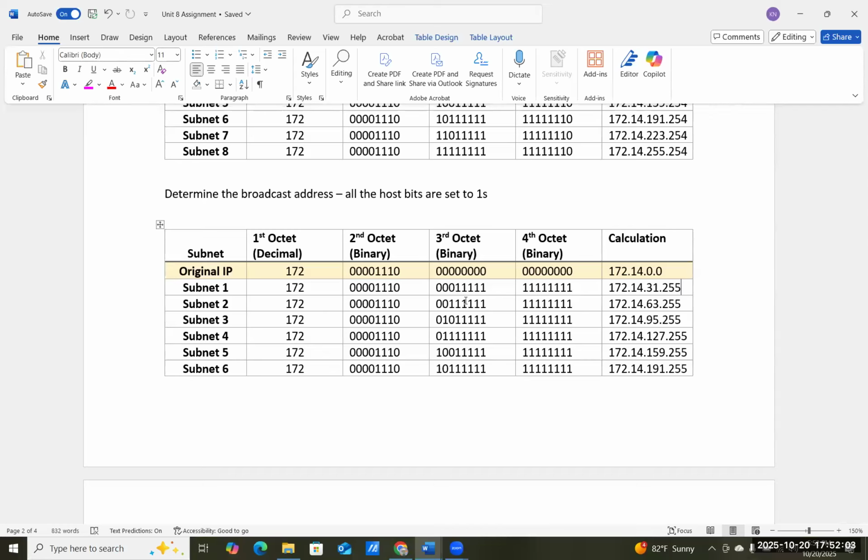That means that in the fourth octet, all the binary bits are ones, and that's how the system knows that it is a broadcast address. It sends to all. Any question?